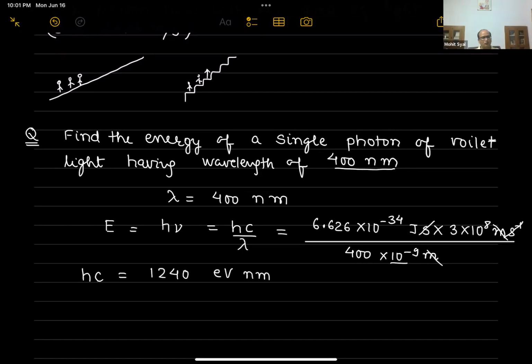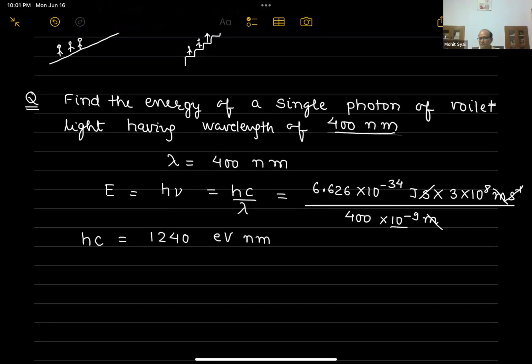Electron volt nanometer. What is electron volt? Electron volt is also a unit of energy, but a very small unit of energy. It is equal to the charge of the electron, 1.6 into 10 to the power minus 19.